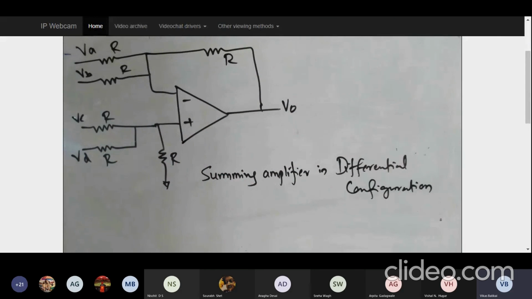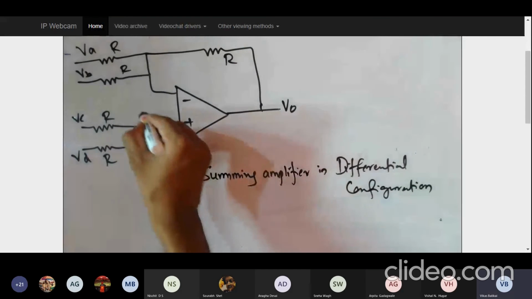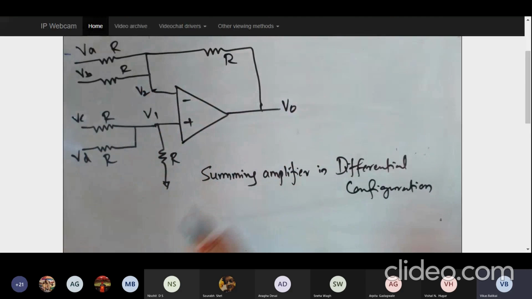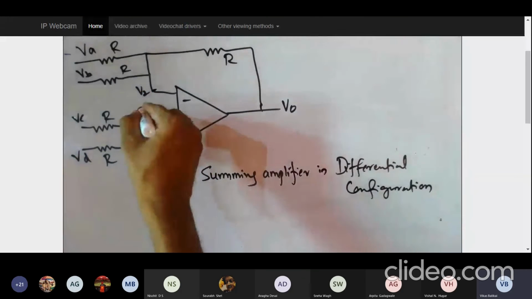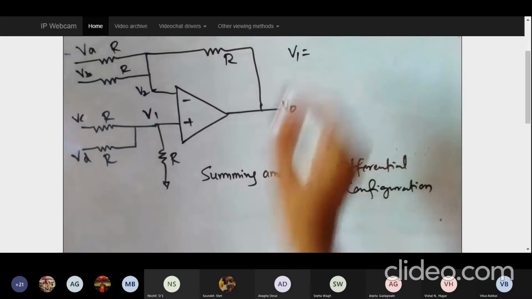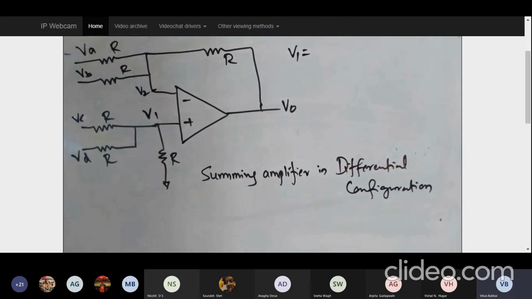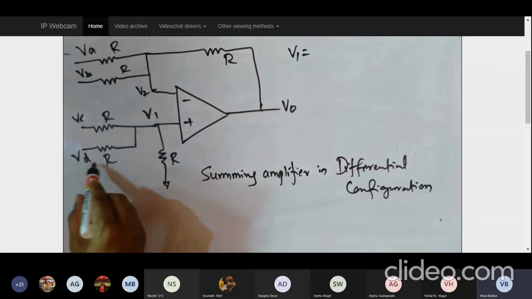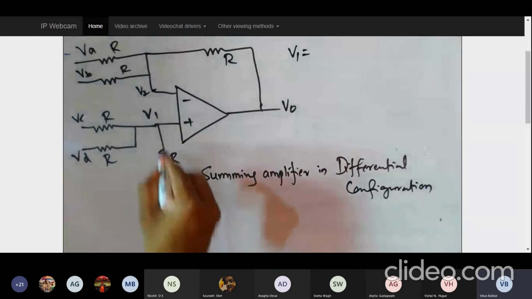If this is the case, let's try to identify what my voltages will be. Let's identify this as the V1 node and V2 node. Earlier I had VA dash and VB dash, here I am taking them as V1 and V2. So let's identify what my V1 will be. V1 would be the voltage coming through VC and the voltage coming through R, but ultimately you have this R present over here.